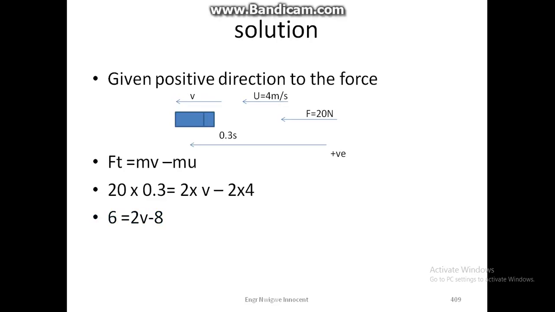Then we now get 6 is equal to 2v minus 8. Making v the subject of the formula, we now have 6 plus 8 all over 2, which gives us 7 meters per second.